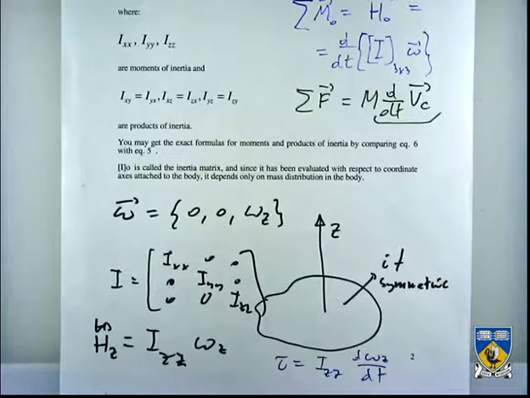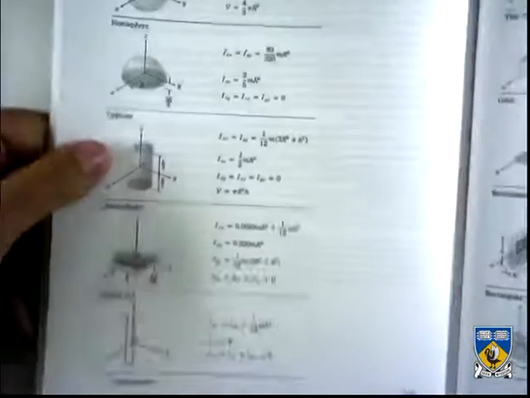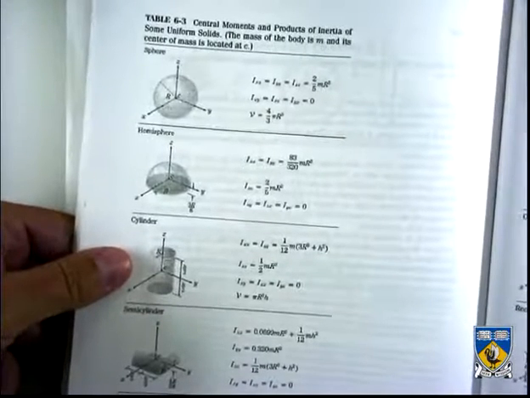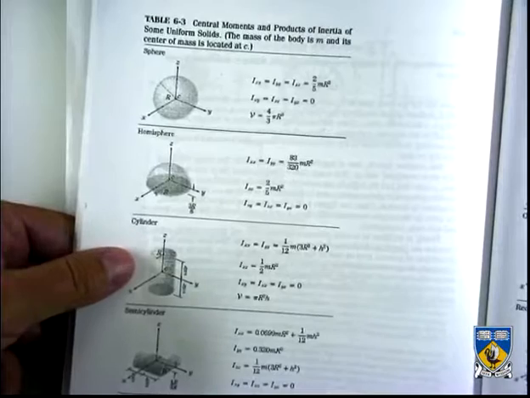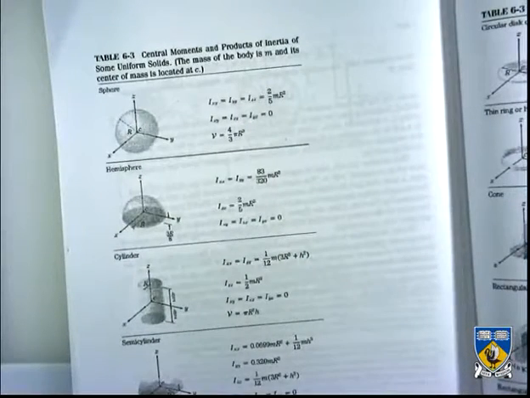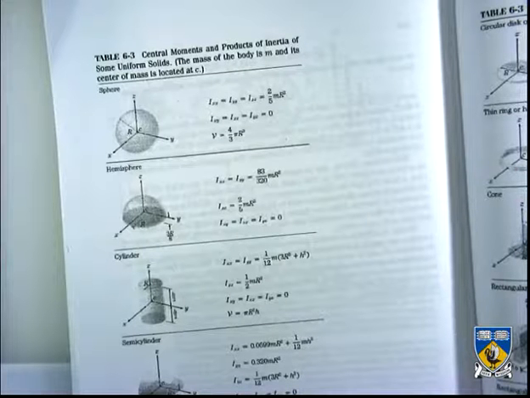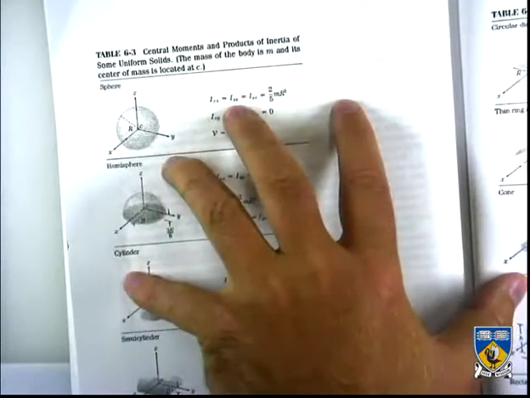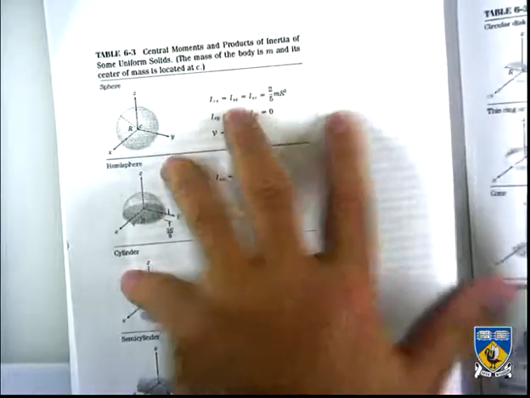Now, luckily, we have also the handout, which gives us many instances for simple shapes, right? Sphere, hemisphere, cylinder, many, many things. So in practice, you rarely do integration, or mostly you look at your system and it is split into these shapes, and you just take the values from the tables.